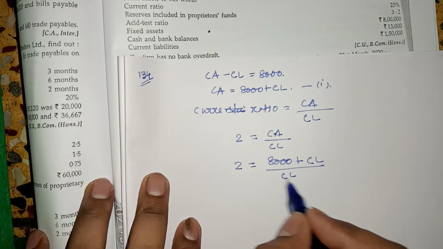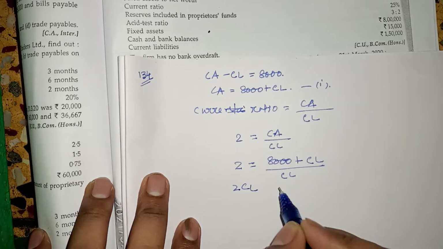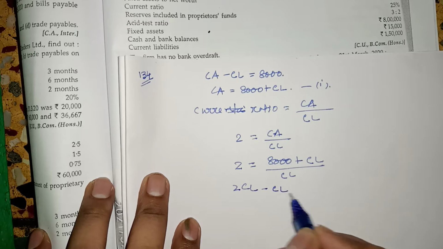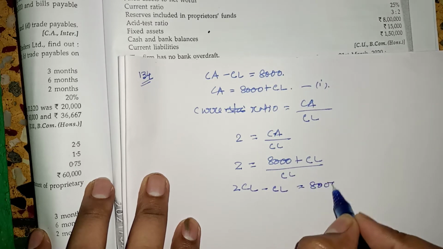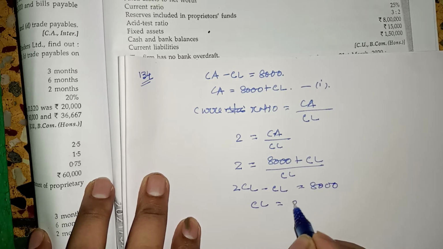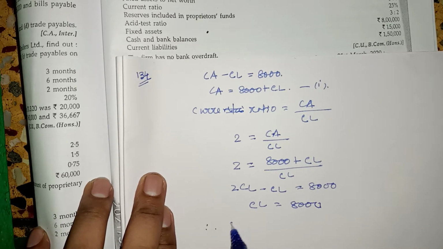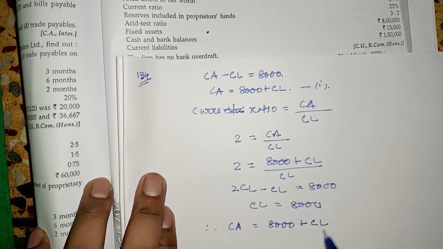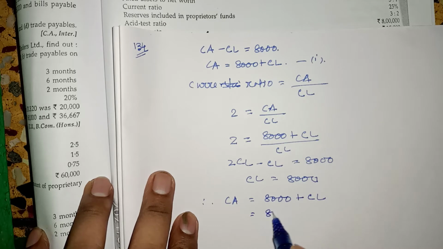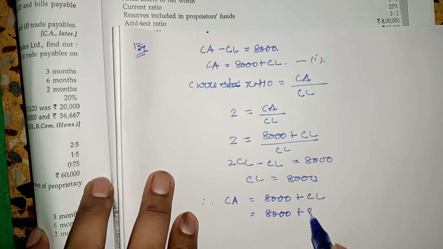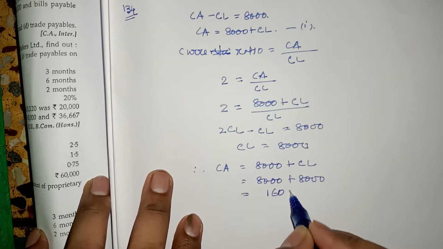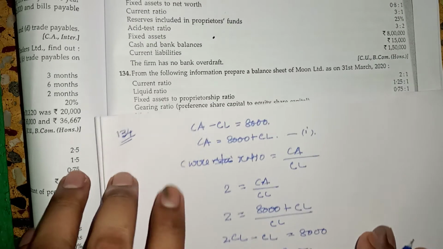So as a result, 2CL minus CL is equal to 8000. So you can say current liabilities is 8000. So how much are our current assets? We always know that current assets is equal to 8000 plus CL. So 8000 plus 8000, the current assets will be 16000.